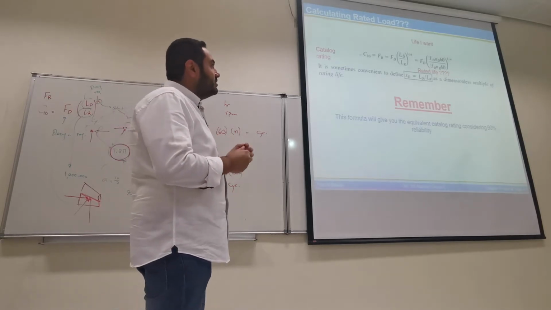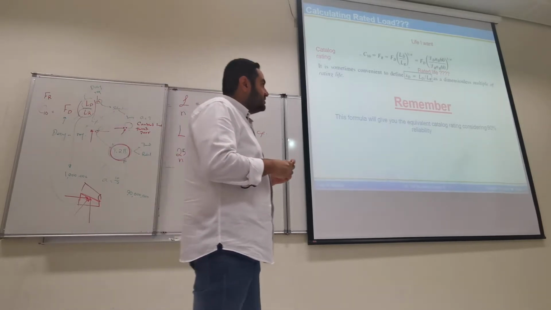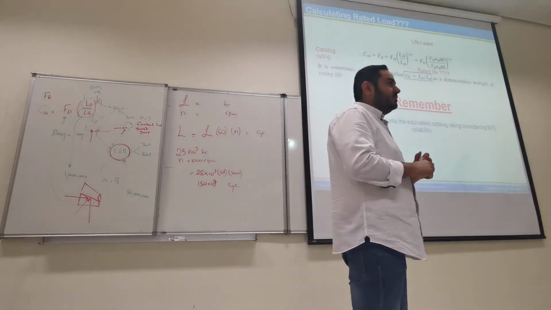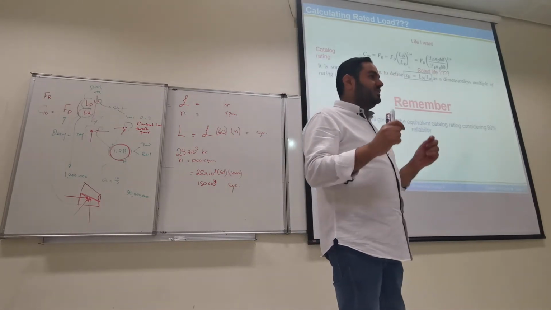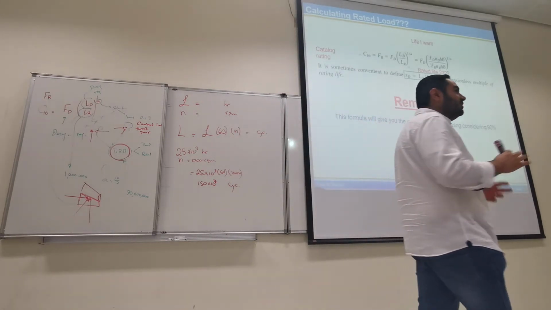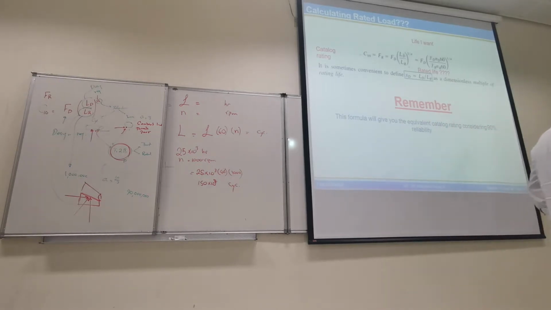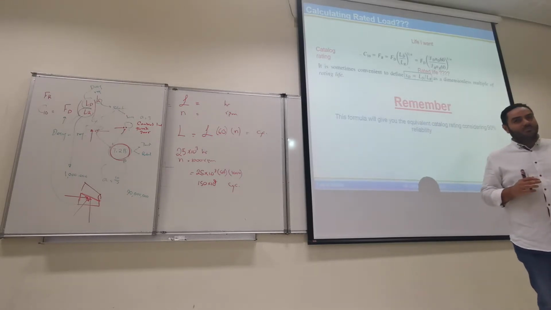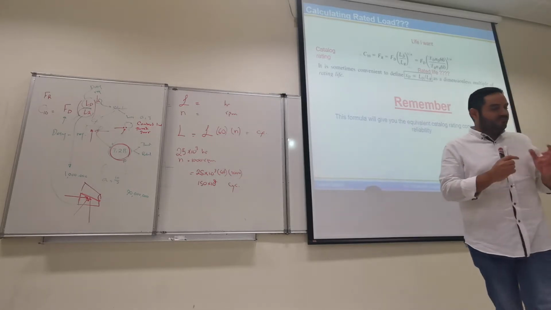So remember, when we deal with bearings, it's not a deterministic problem. It is statistical, so reliability and probability of failure appear in the picture. What if we decrease the load? Can we get reliability more than 90%? We'll come to that, the effect of reliability.